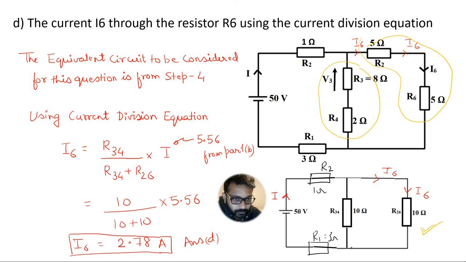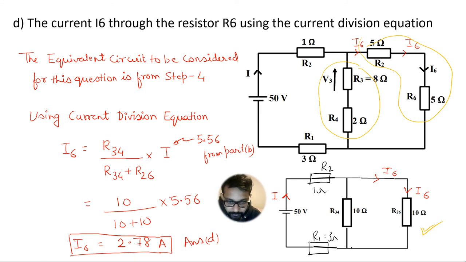So in step 4, if you refer back to the video, you could find this figure which I am considering. If we have this figure, we can directly apply the current division rule. So according to the current division rule, I1 is equal to R2 divided by R1 plus R2.